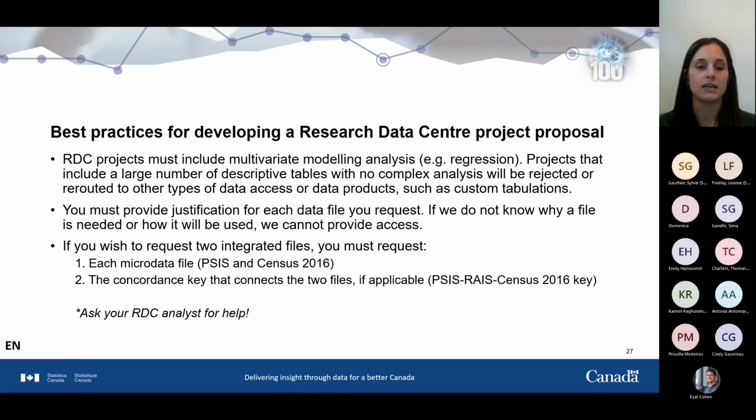And then you would need the concordance key that connects the 2 files as well. And I realize that it's impossible for external researchers to know which of our files need a concordance key and which ones don't. And that's where your RDC analyst can be really helpful. So we would suggest talking to them if you have any questions about that.